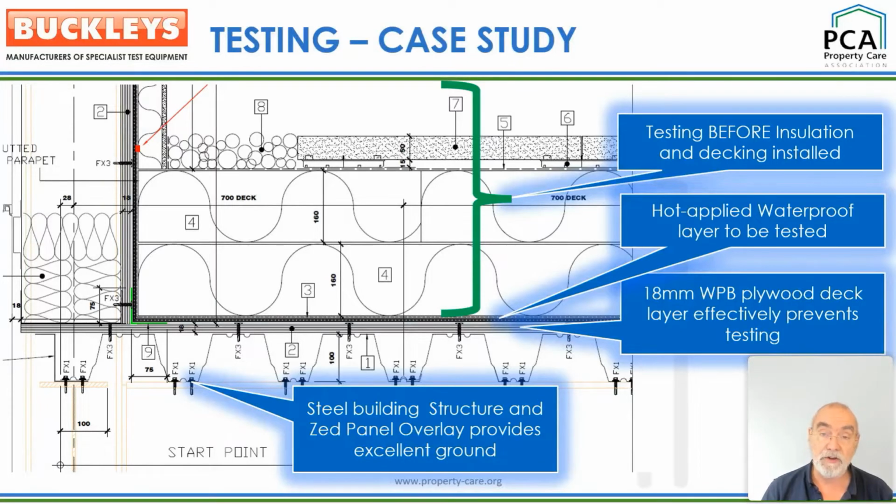Whilst the screws will provide a grounding path, they will not provide a sufficient conductive layer to enable electronic leak detection to work effectively. It is noteworthy that had the hot applied waterproofing layer been applied direct to the concrete, this would have provided an effective grounding layer, and testing would provide a high degree of confidence that the waterproof layer integrity had been achieved.